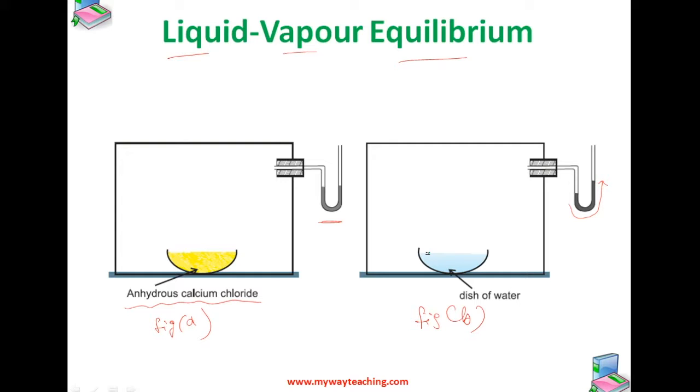This implies that the number of water molecules from the gaseous state into the liquid state also increases till equilibrium is attained. So you can write that the rate of evaporation is equal to the rate of condensation.